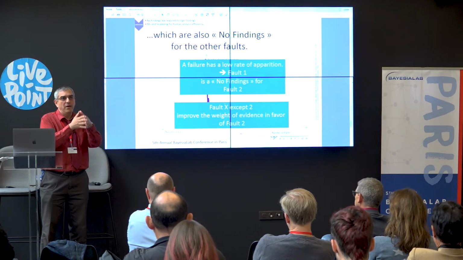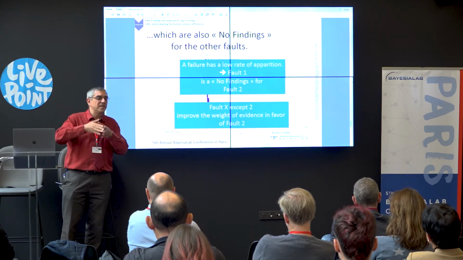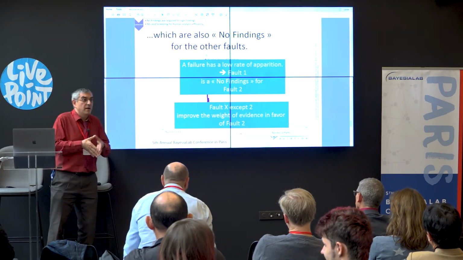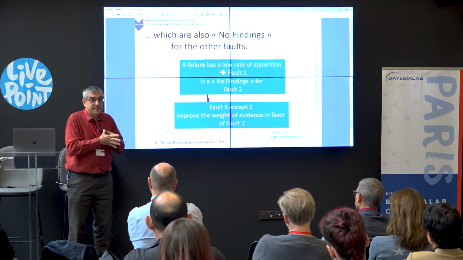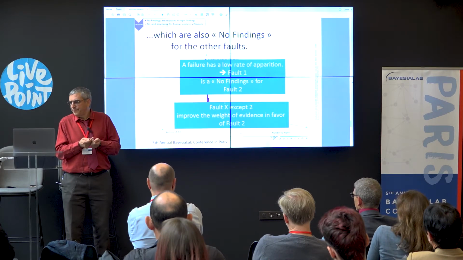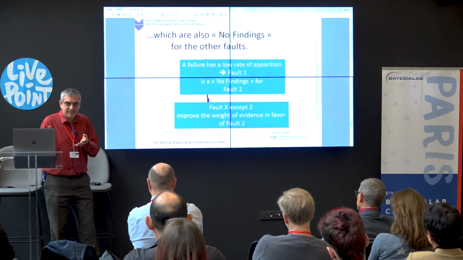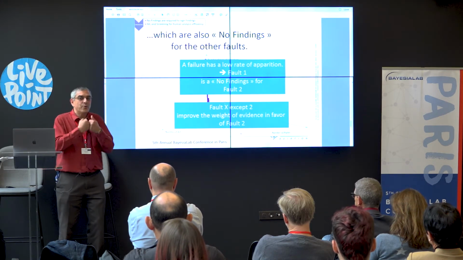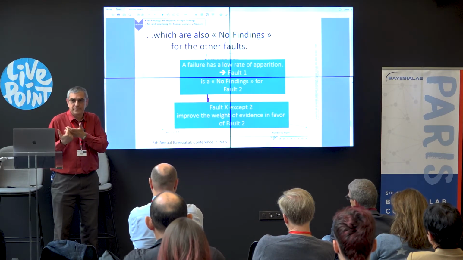When you have a failure in one part of the aircraft, it doesn't mean that it's related to the failure of another. So they are independent, and we are lucky. When we have a fault, it is a no finding for the other folks. This is why it works. So when you have a great diversity of events, it could work.